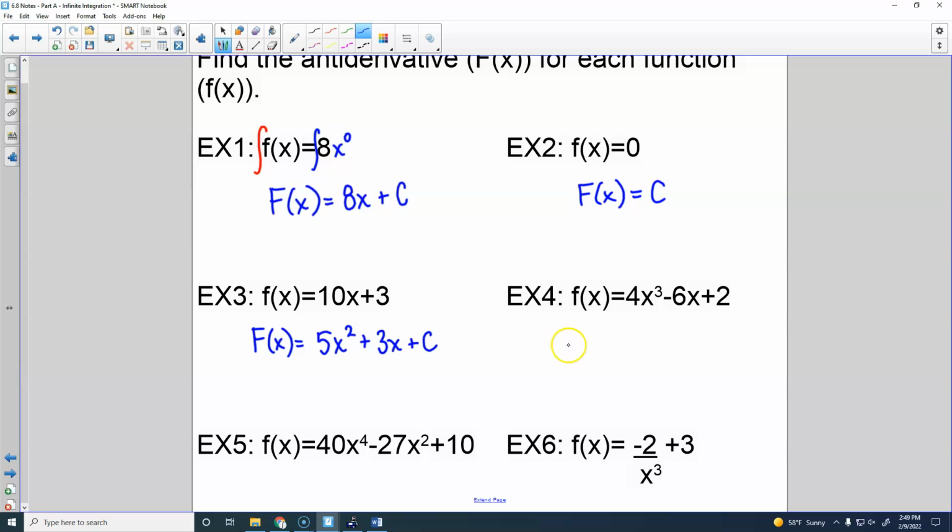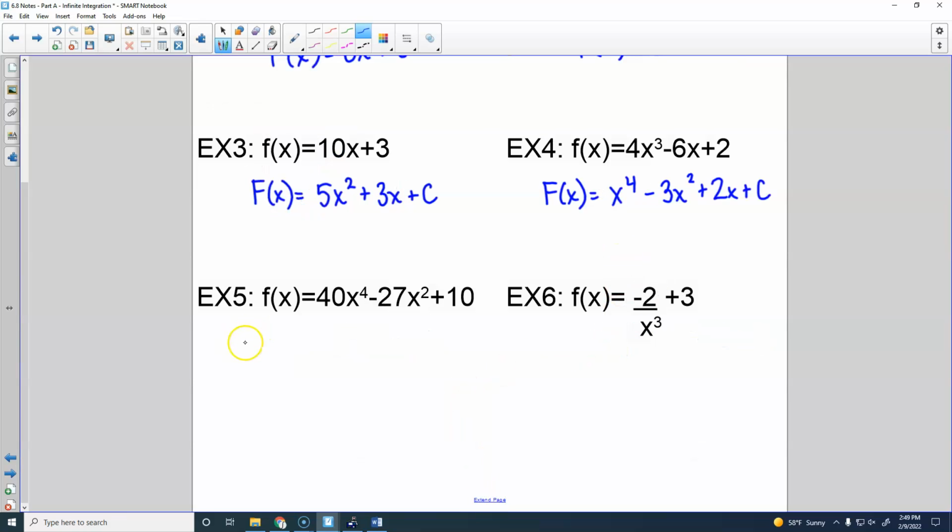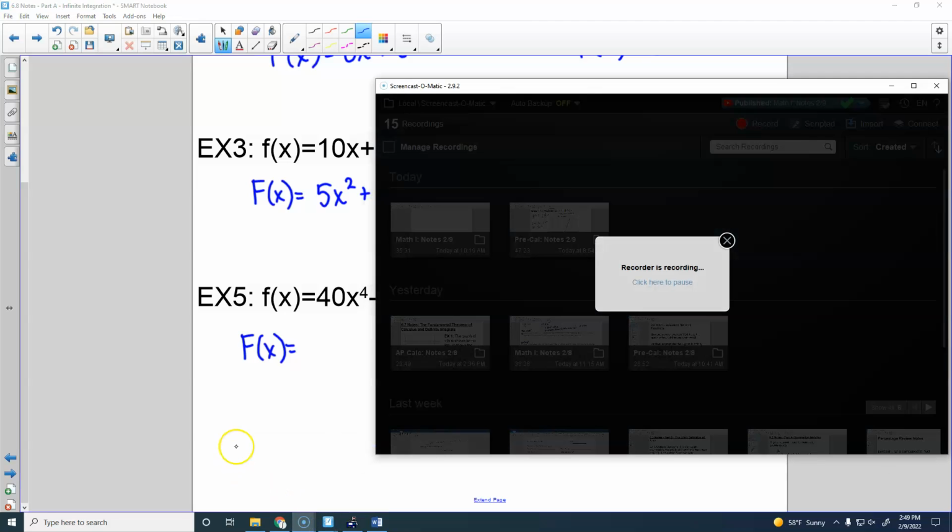All right, let's see. Daniel, what will we get for number 4? That's x to the 4th minus 3x squared plus 2x. Okay, looks great. All right, Thomas, what about number 5?